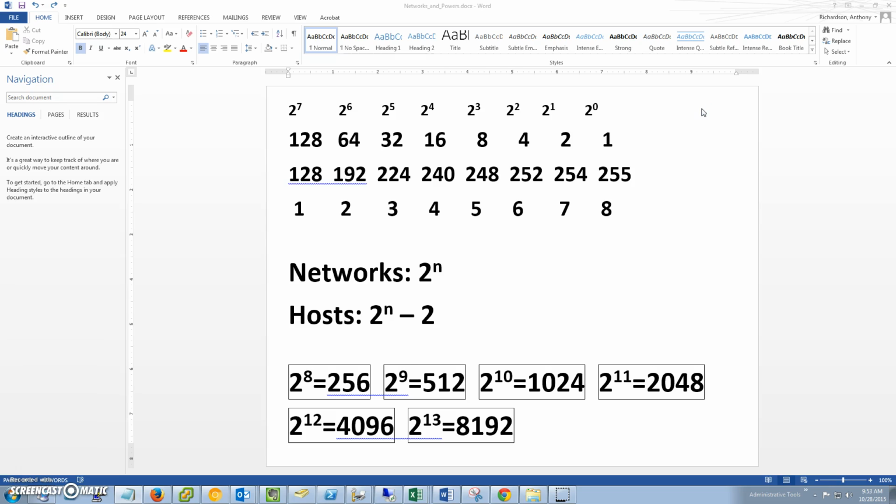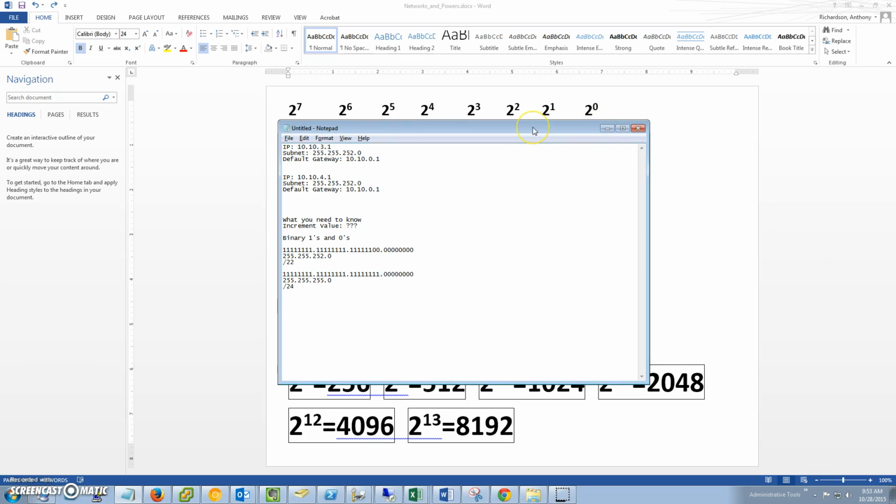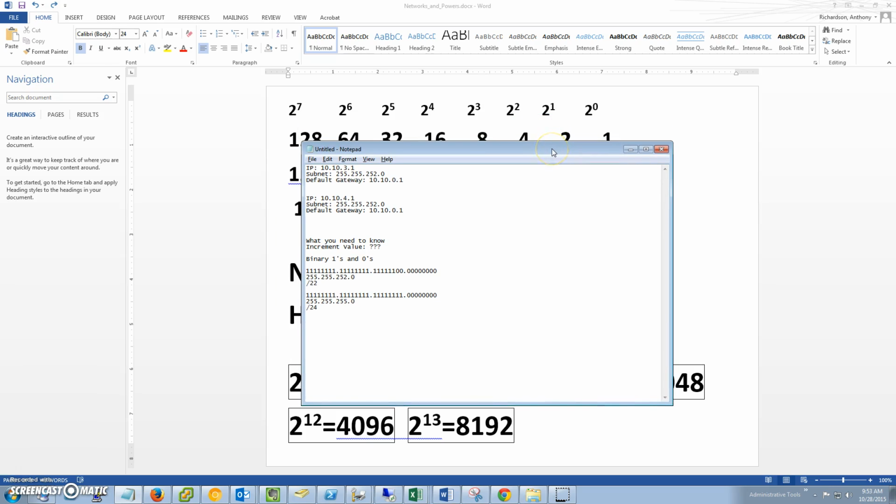I'm going to bring another document into view. I can make this available, though it's not necessarily necessary; you can just make reference to it in this document. What you're going to need to know as it relates to an IP address is its increment value, and I'll explain in a moment what that means, because that's going to help you determine whether a particular IP address has the correct default gateway address set for it.